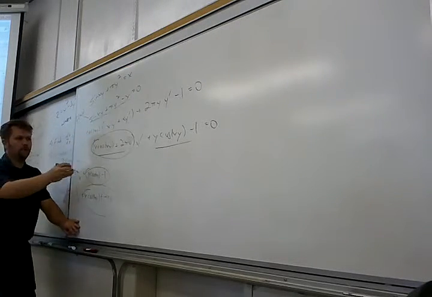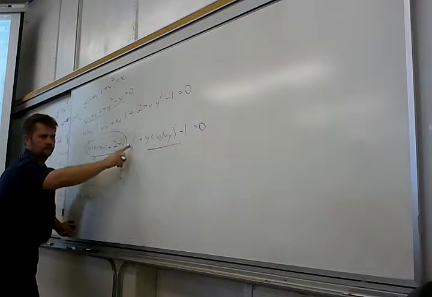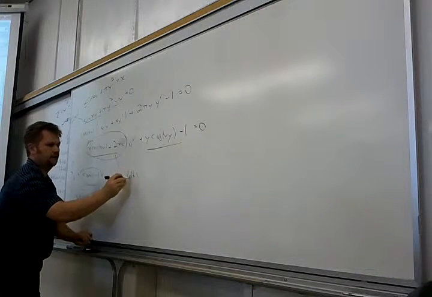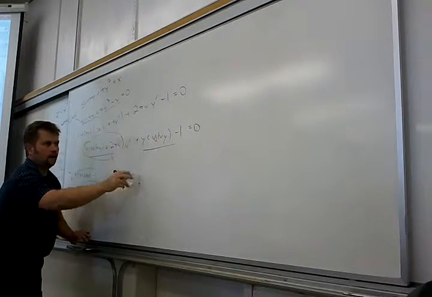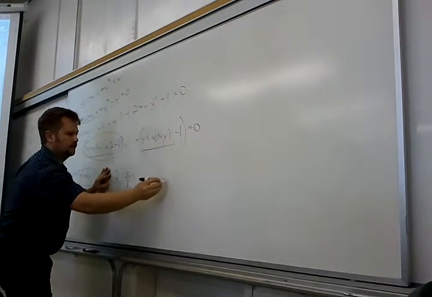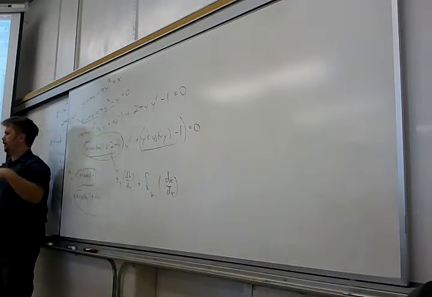So what we really have happening here is this is fy times dy dx. So let me say it like this, df dx, and this is fx times dx dx. Because dx dx was that 1 that we kind of killed earlier, right?